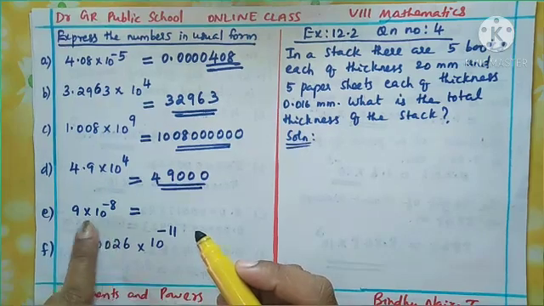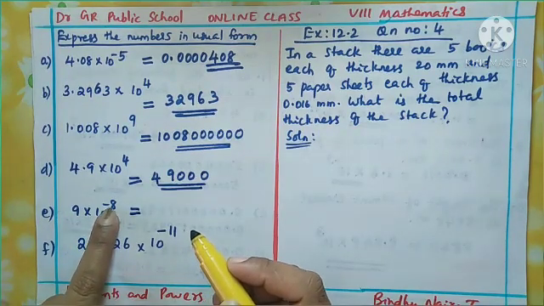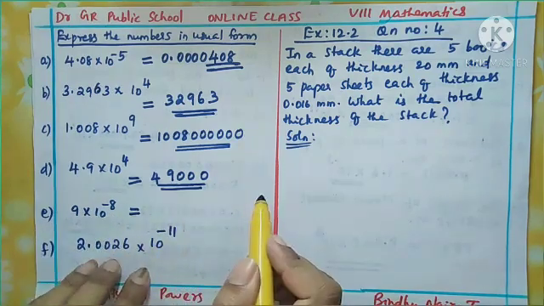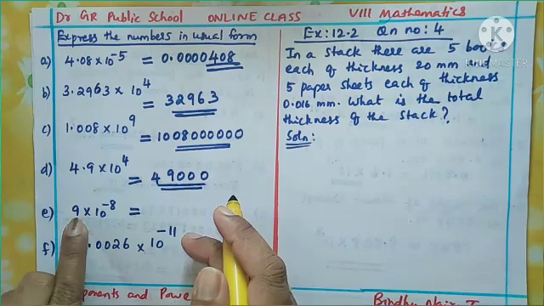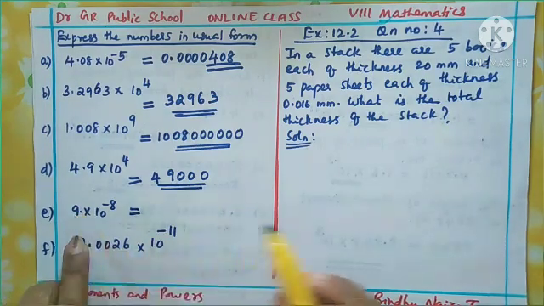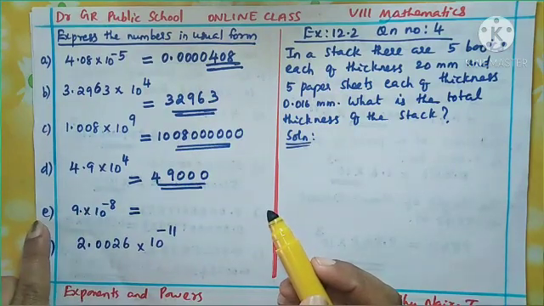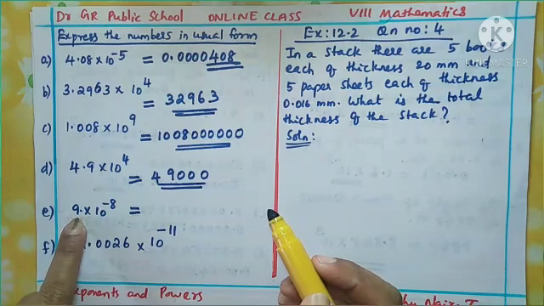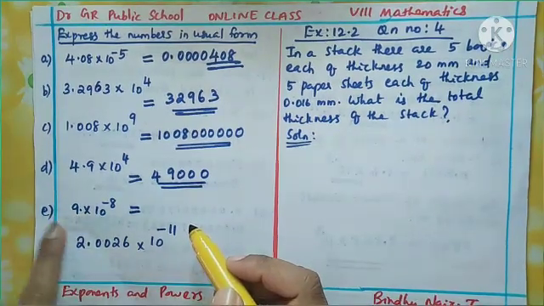Here you see 9 into 10 raised to minus 8. Minus 8 means you want to move 8 places to the left side. Here 9 is only one digit, so the decimal is actually here. You want to move how many places? 8 places to the left. Only one digit is present, so count that first number, and how many zeros will come?